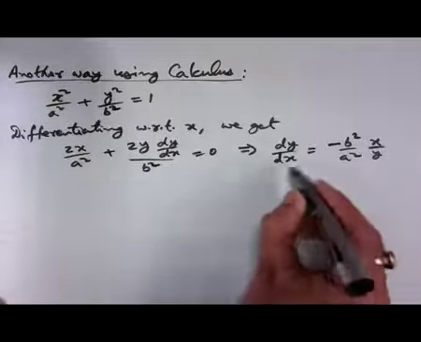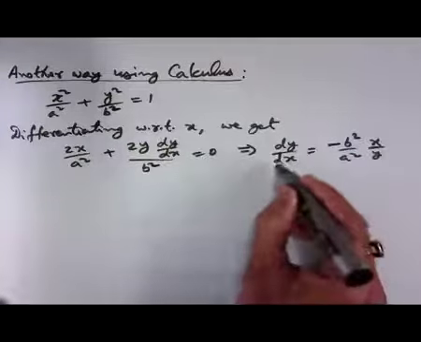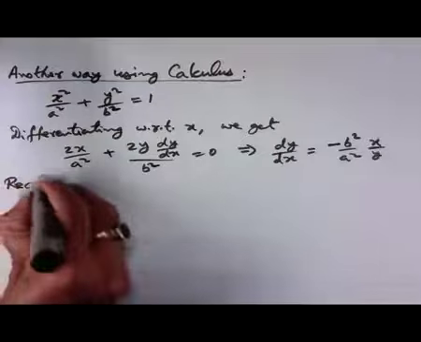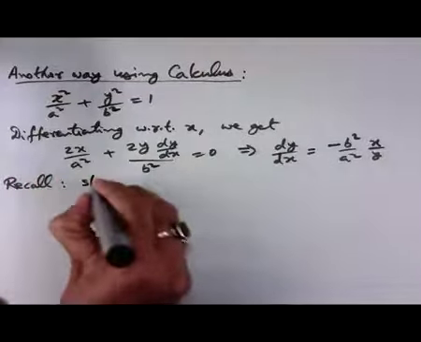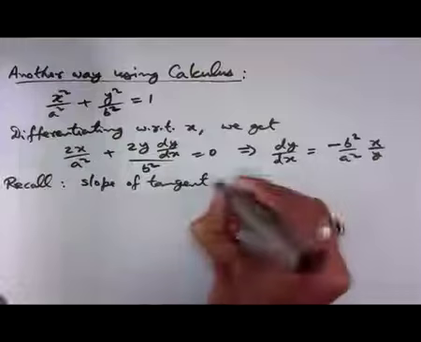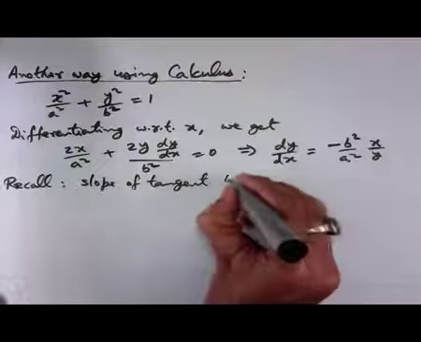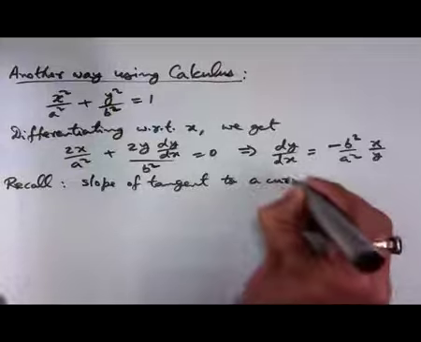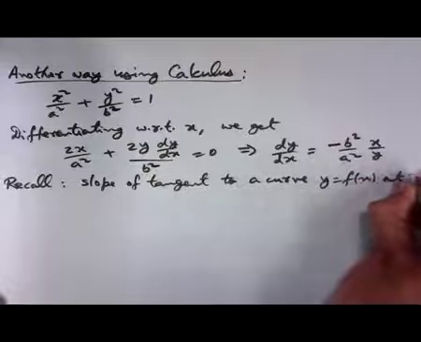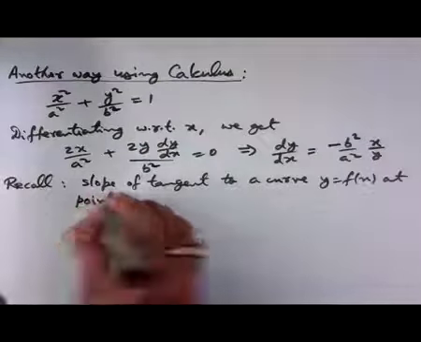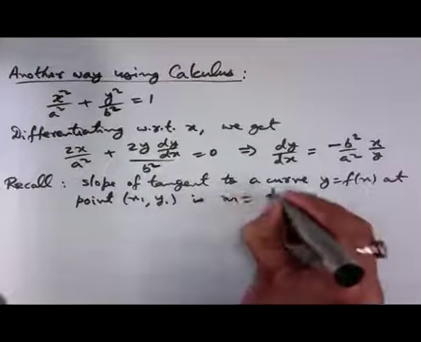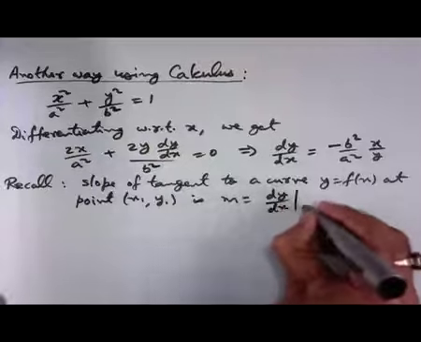Now, you know that the slope of the tangent line is nothing but the derivative at the point (x1, y1). So, recall the slope of the tangent to a curve y equal to f(x) at point (x1, y1) is m equal to dy/dx at the point (x1, y1).